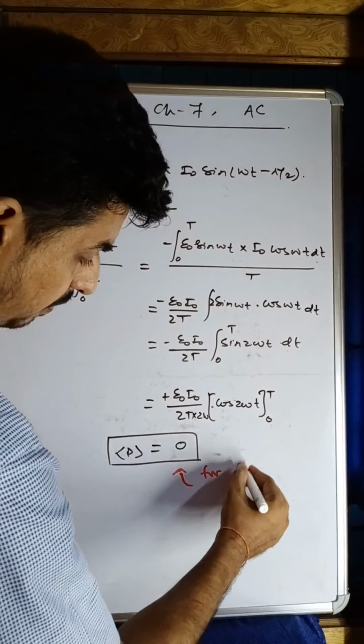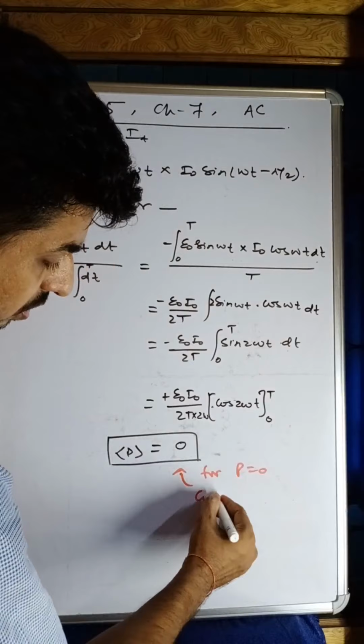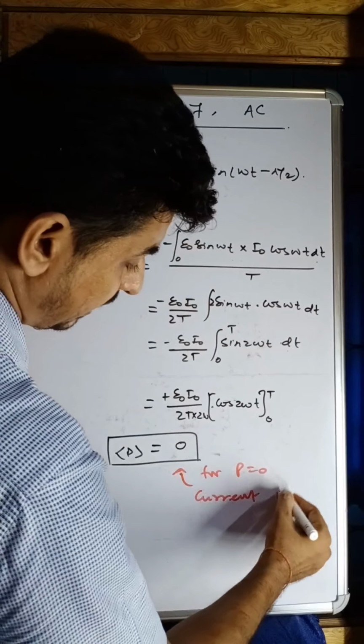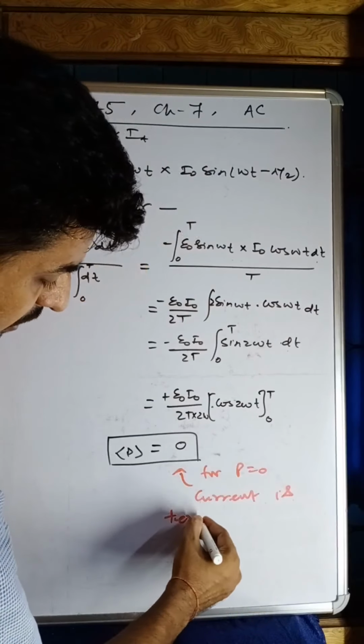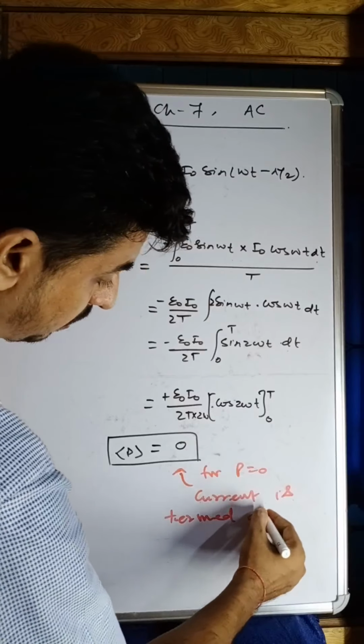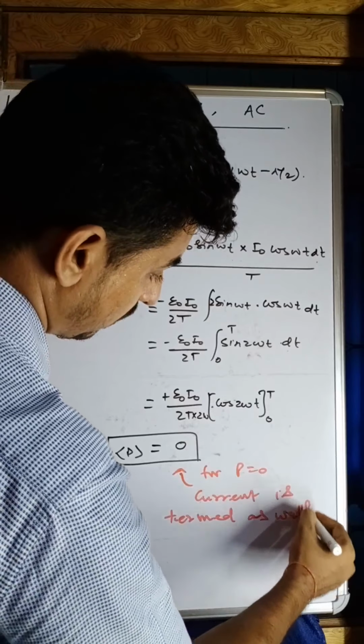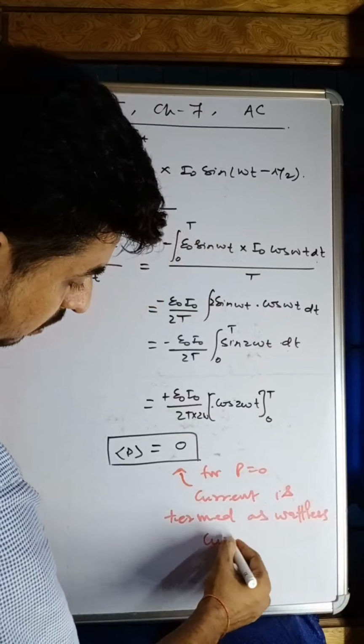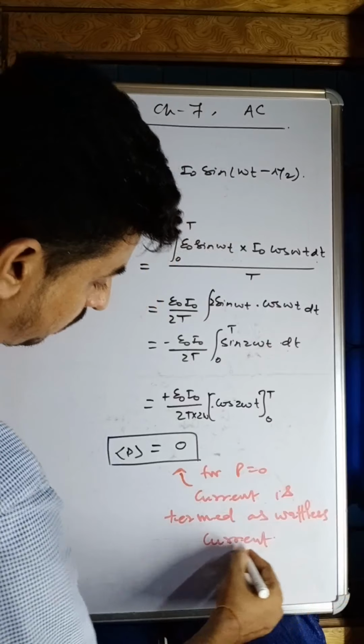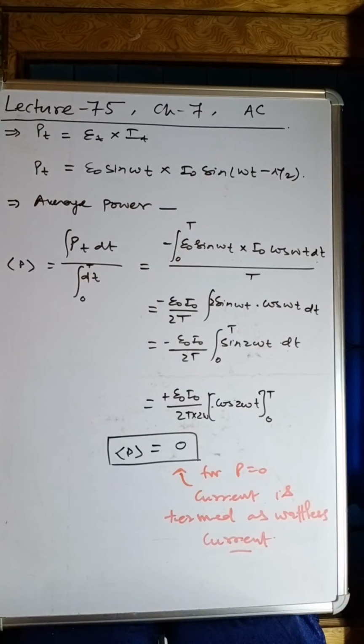For P equal to 0, the current is termed wattless current. So the current flowing through an inductor is wattless current in steady state.